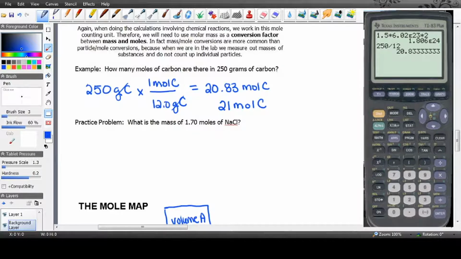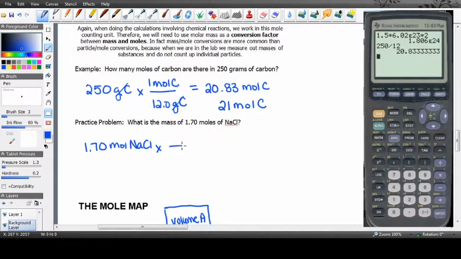Okay, let's do another problem. The next problem says, what is the mass of 1.70 moles of sodium chloride? This time we're starting with moles, not with mass. 1.70 moles of NaCl.